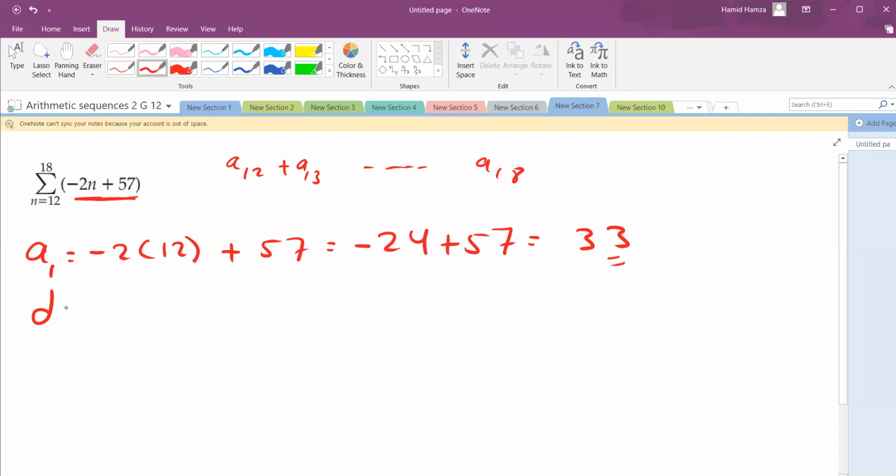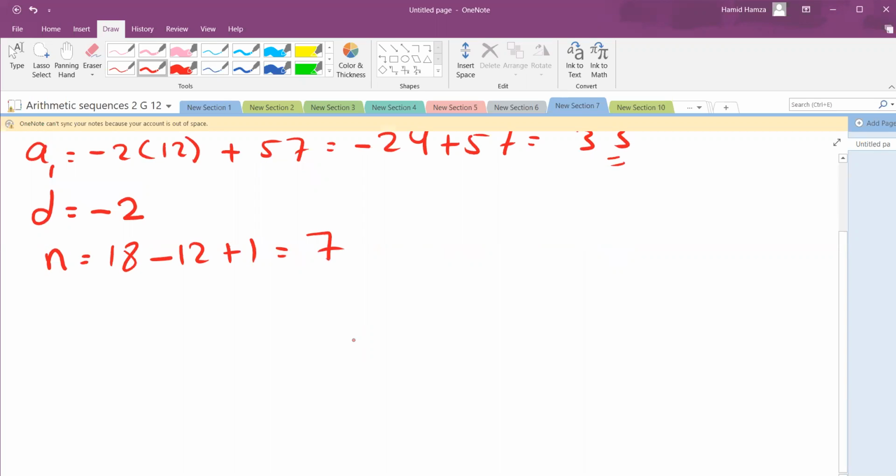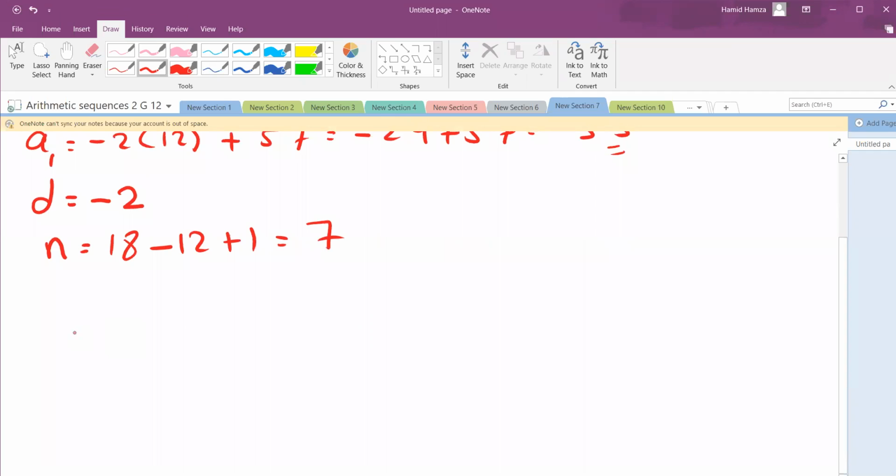D, the common difference, is the slope of the expression, or negative 2. And n, the number of terms, will be 18 minus 12 plus 1. So 18 minus 12 will be 6, plus 1 will be 7. That means I wanted to add 7 terms.